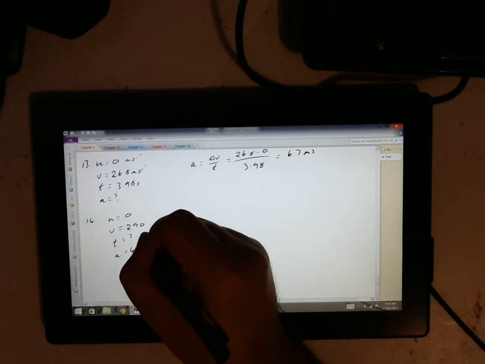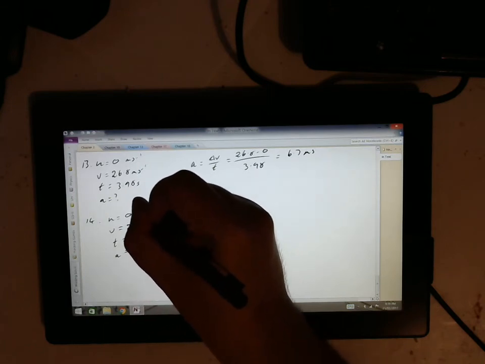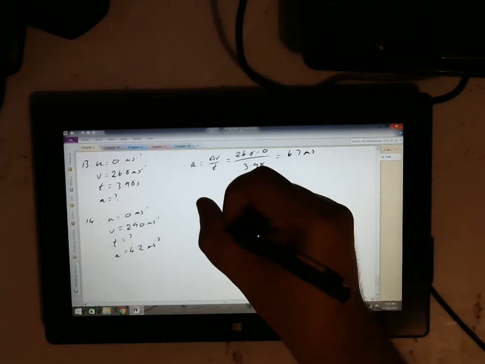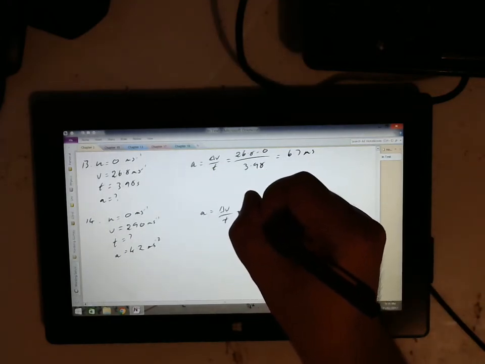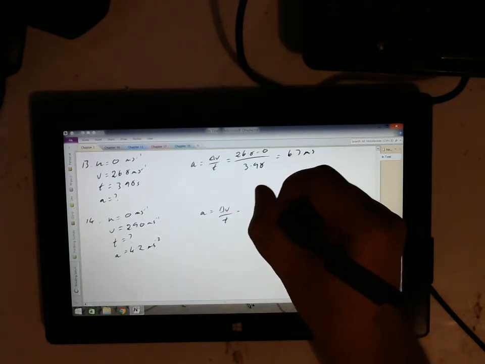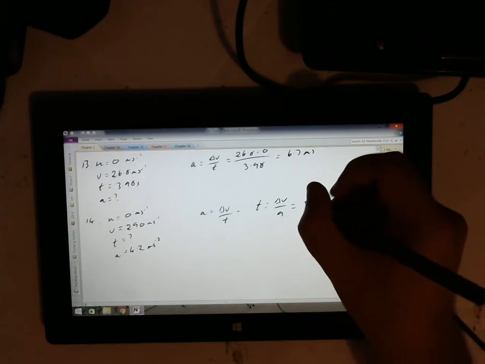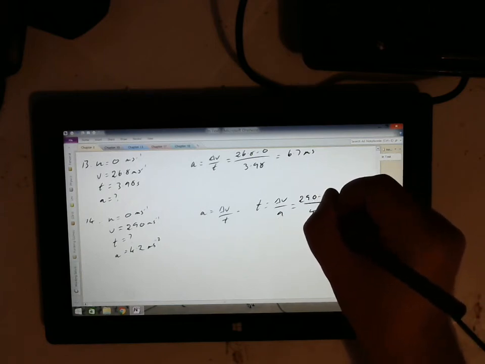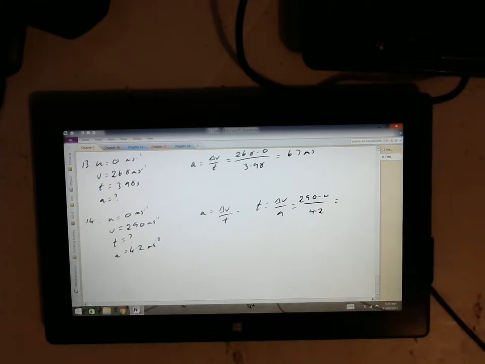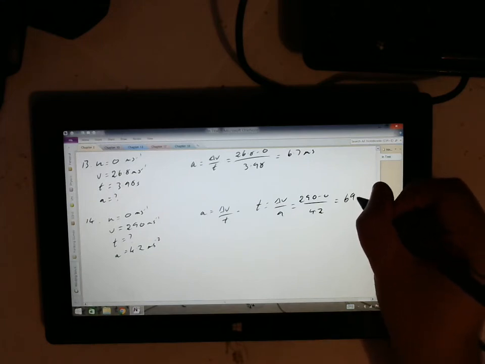Acceleration equals 4.2 meters per second squared. As A equals delta V over T, T equals delta V over A equals 290 take 0 over 4.2 equals 69 seconds.